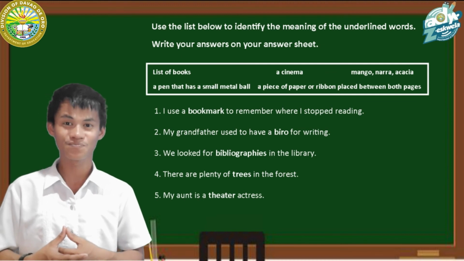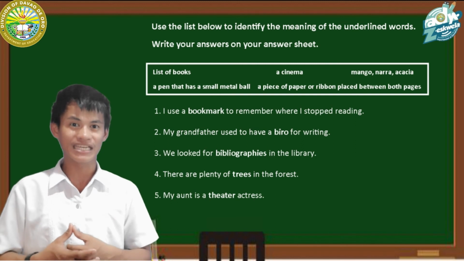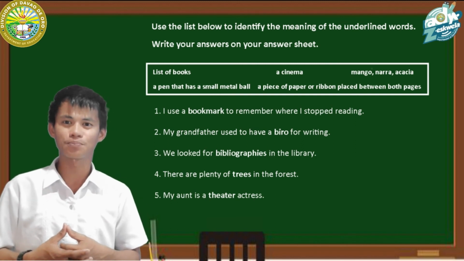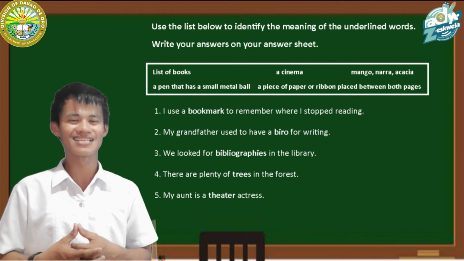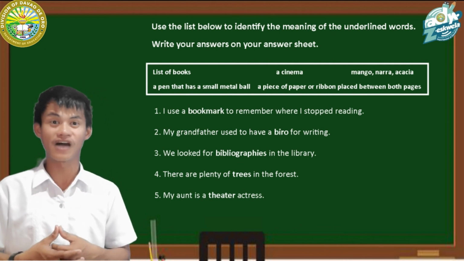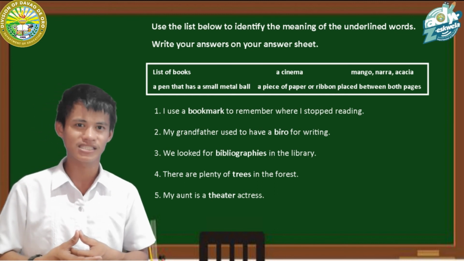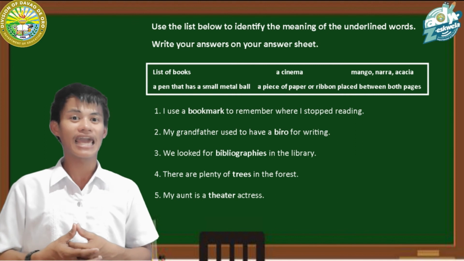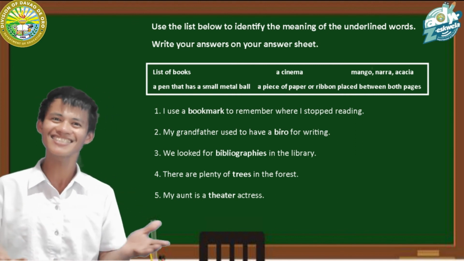Number 4. There are plenty of trees in the forest. Number 5. My aunt is a theater actress. Done?